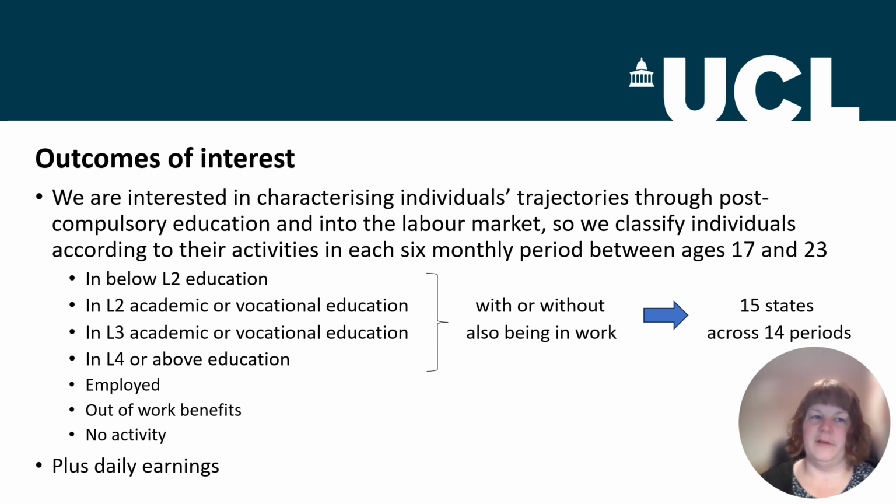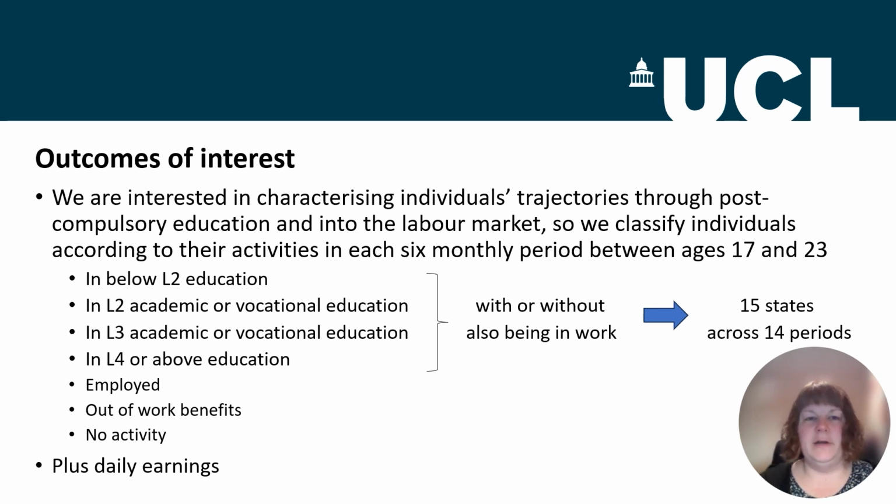So whether it's below level 2, 2, 3 or 4, and for level 2 and 3 we can split that into academic and vocational education. So for those who are less familiar with the English system, level 2 is roughly equivalent to a set of GCSE passes, and level 3 is roughly equivalent to a set of A-level passes, and then level 4 or above is higher education.